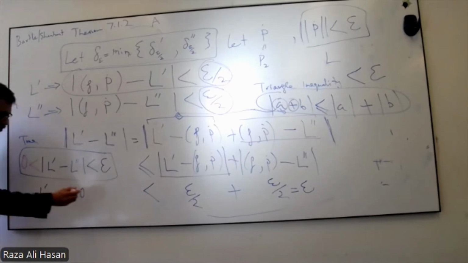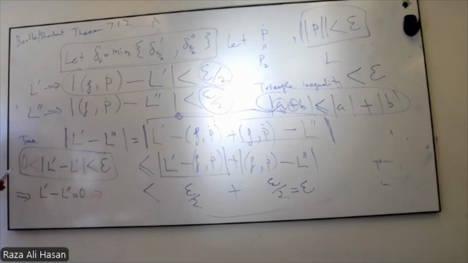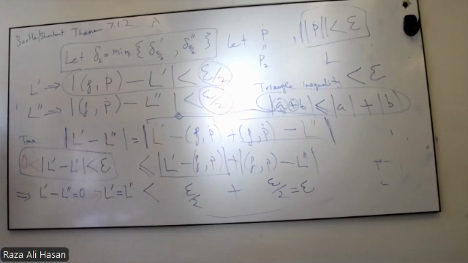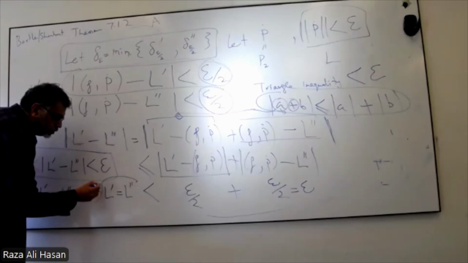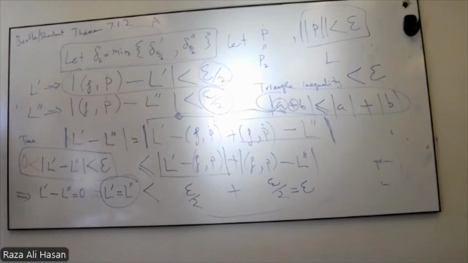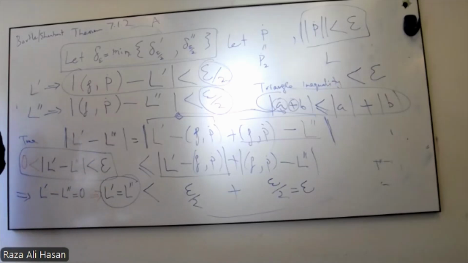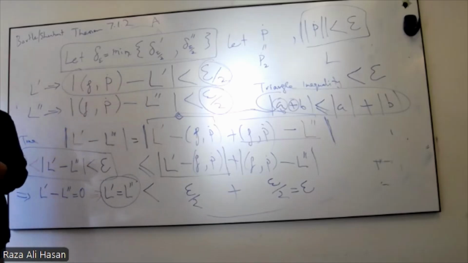What does this imply? And what did we assume? That there did exist two. By the end of this, we are showing that the actual areas are identical. There are no two areas, the areas are the same.